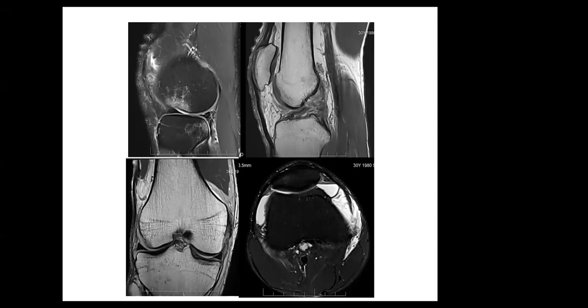MRI of the knee joint, sagittal, coronal and axial view, T2 fat sat, and proton density.